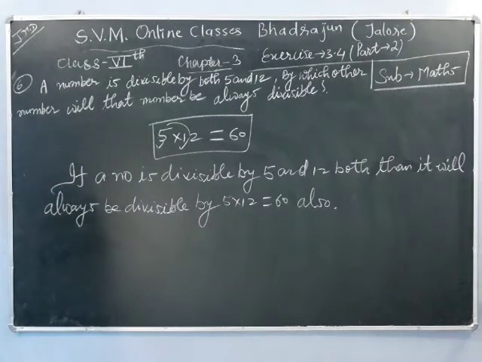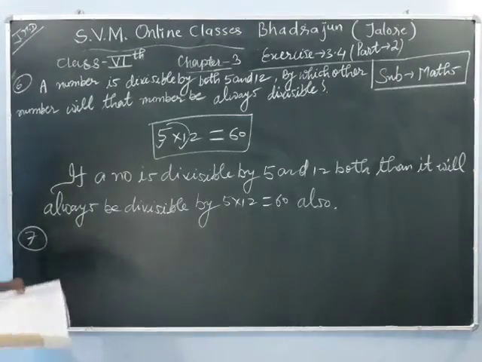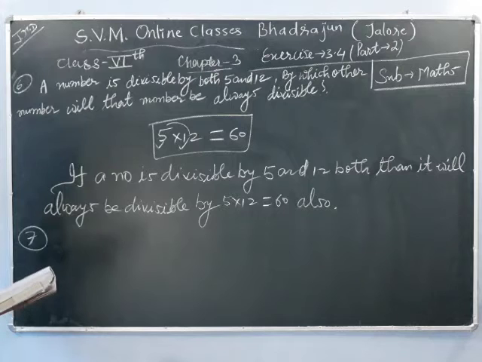Now I am moving towards the next question, which is question number 7. What is our question number 7? A number is divisible by 12.